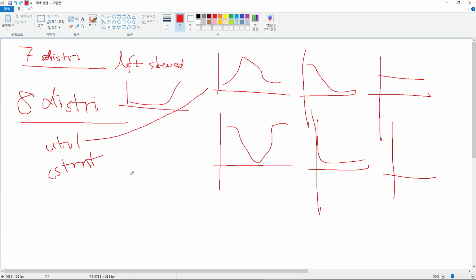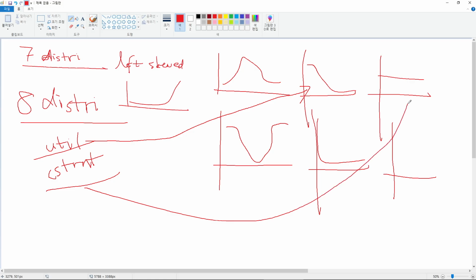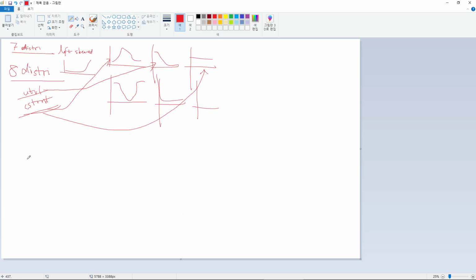So for one instance, it could be that the utility values are sampled from log normal, and the constraint values are sampled from uniform. And then in some other run, the constraint values are sampled from the normal distribution.